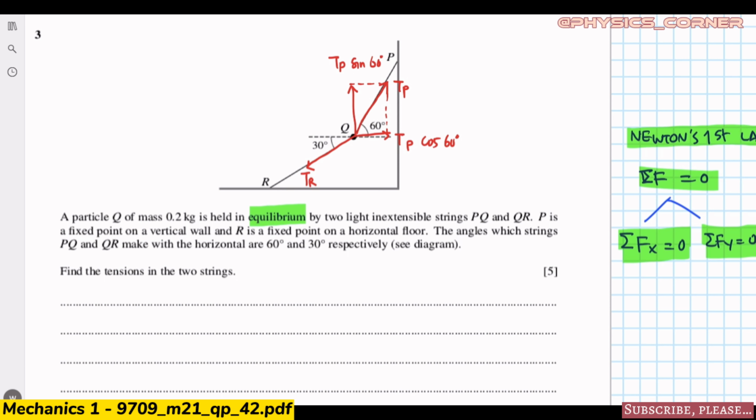Also for R, we have here TR sine 30, and here TR cos 30.